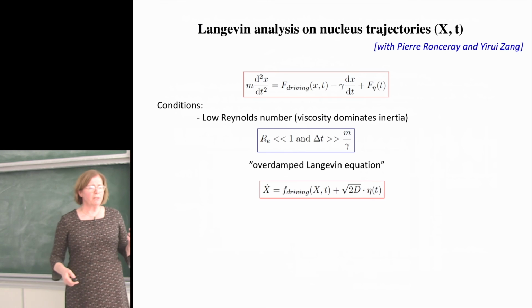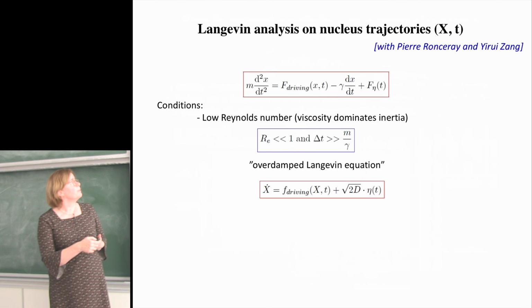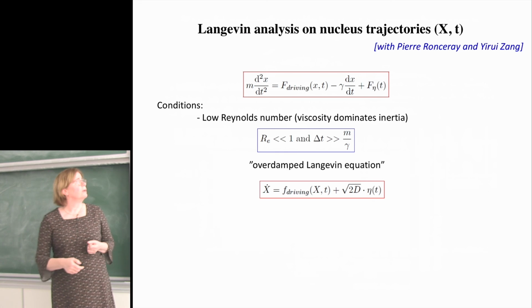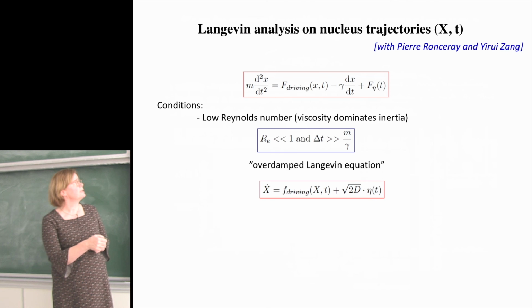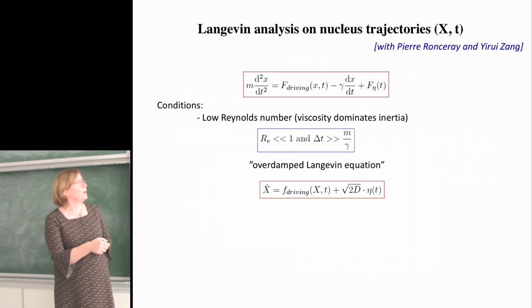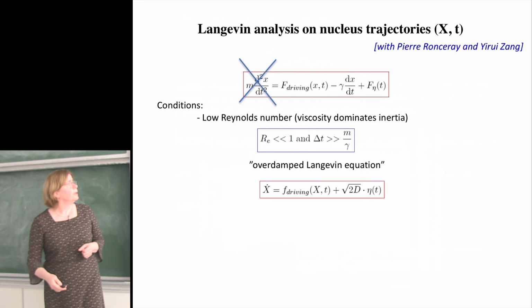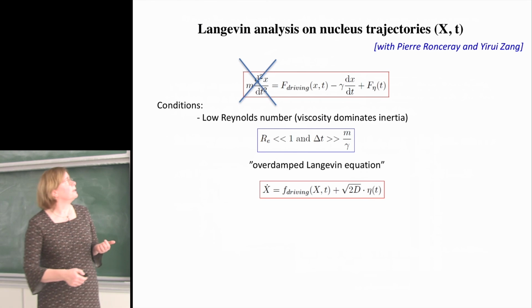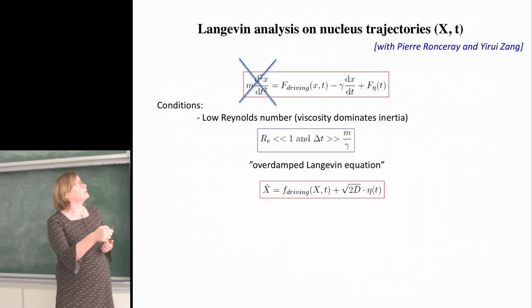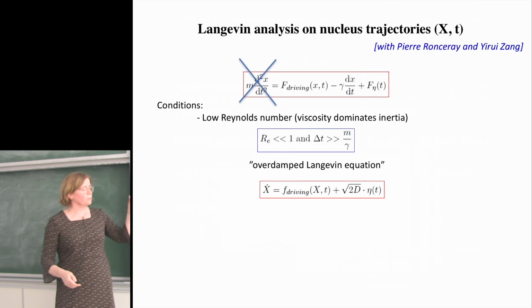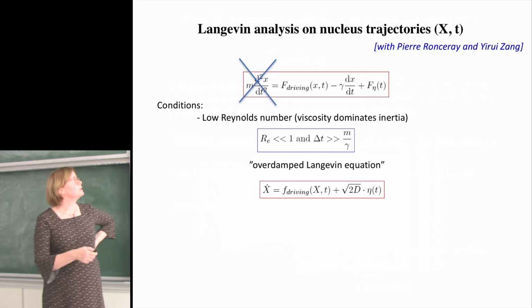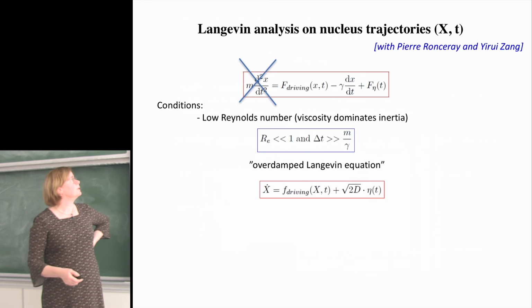Because we're at low Reynolds number, we think that we should use the overdamped Langevin equation that reads like this: x dot equals the driving term plus this term that takes into account the natural diffusion of the nucleus, and this white noise term. I won't go into the detail now, but we decided to not use this acceleration term, and to use the overdamped Langevin equation instead of the underdamped Langevin equation analysis.